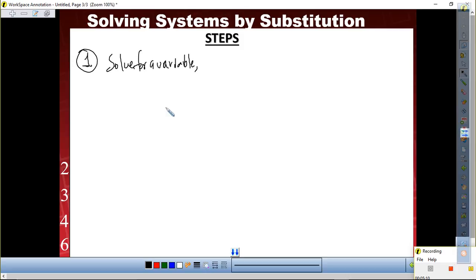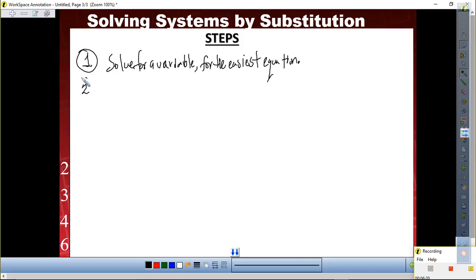Come on, guys. Generalize this. Ramon. Solve for a variable. Yeah, solve for the easiest variable. Okay. Andrew. For the easiest equation. Okay, I'll take that. Yeah, because remember we started looking at one or the other, and then the one that was the simplest one, that's the one we solved for, right?